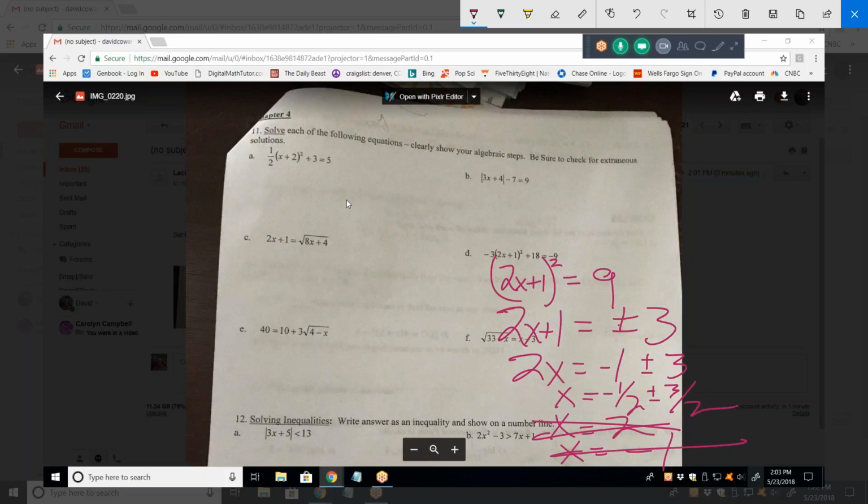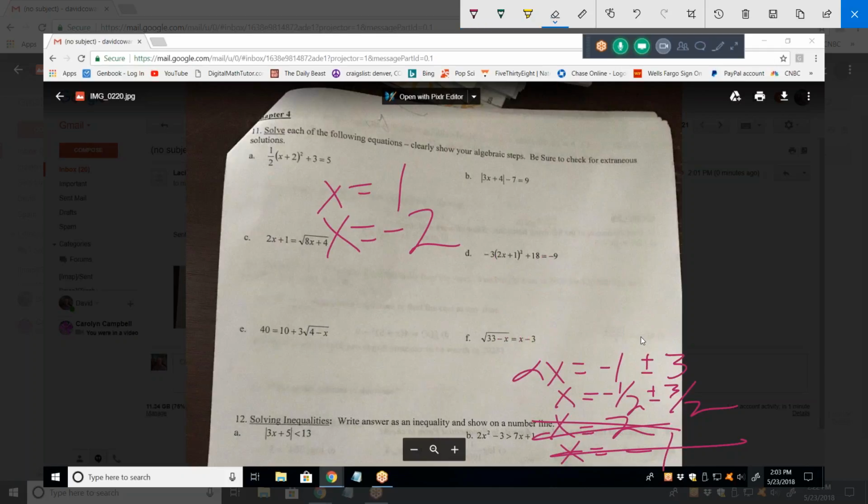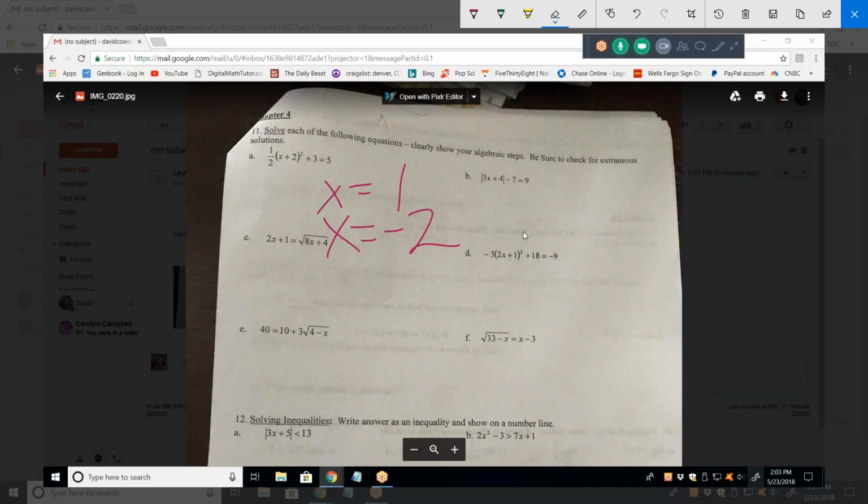Yeah, I made a mistake in my math. x equals 1 or x equals minus 2. So a good lesson to learn there is if you come up with two answers and neither one of them works, probably a good indication you made a mistake in your math.